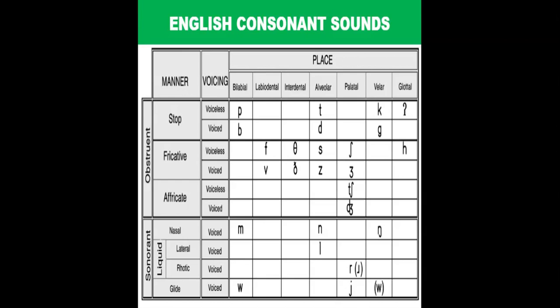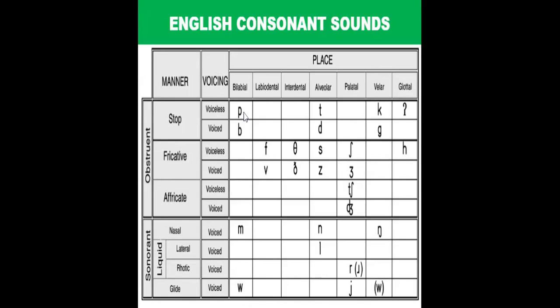Let's take a look at a few consonant sounds from the consonant chart. Now, English consonant sounds are of different types in terms of the manner of articulation. You have the stop, which is also called the plosive sound, the fricative, the affricate, nasal, lateral.